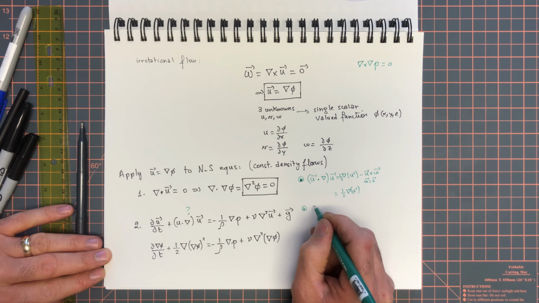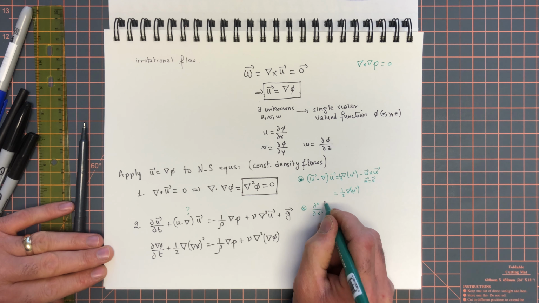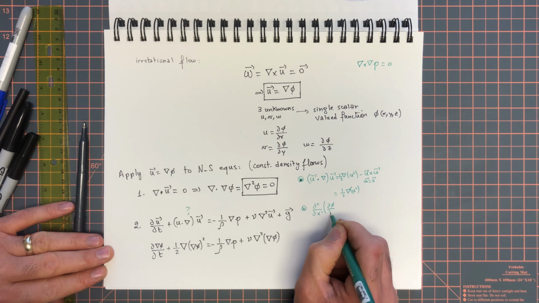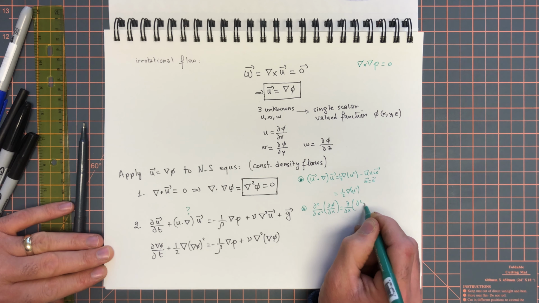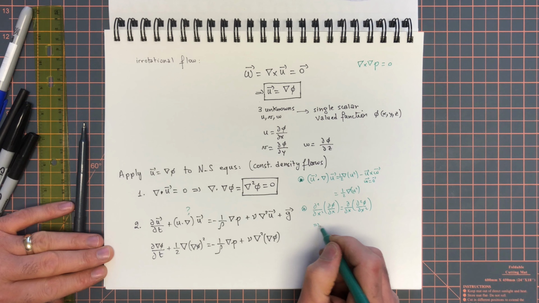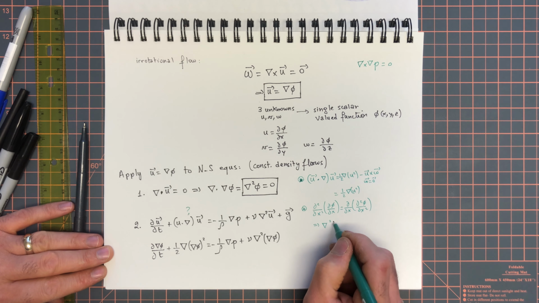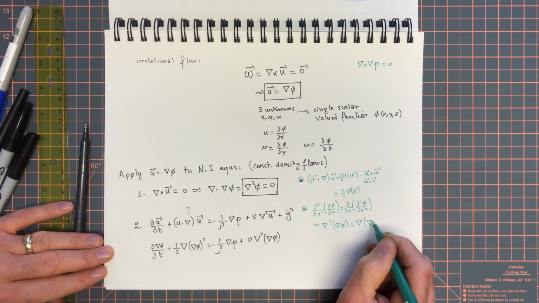Well, think of it this way. I want to write d2 by dx squared of d phi by dx. That's equal to d by dx of d2 phi by dx squared, right? So therefore, del squared grad phi is really just equal to grad of del squared phi.